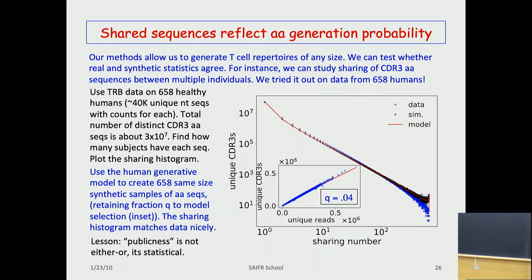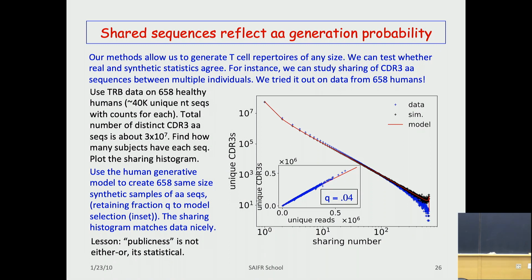That is to say, in the real data, you have a certain number of nucleotide sequences and a certain number of amino acid sequences. Many nucleotide sequences will map onto the same amino acid sequence. And as you take more and more nucleotide sequences in, you get more and more different amino acid sequences.